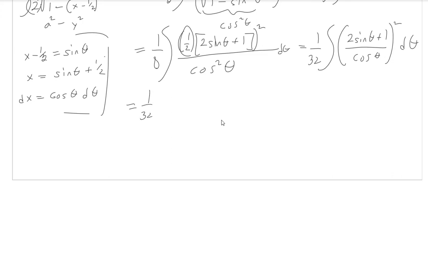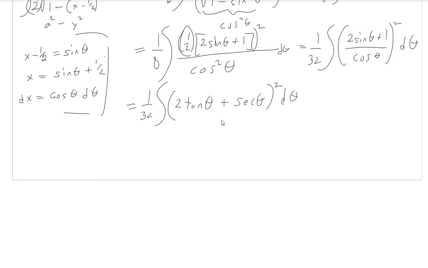So 1/32 integral. Again, these are not always going to be the shortest problems. 2 sine over cosine. Sine over cosine is tangent, so that's just going to be 2 tangent theta. 1 over cosine, that's secant of theta squared, d theta. Probably other ways of approaching that, but that's probably the fastest way that I saw, making it so I don't have fractions anymore. The only fractions are sitting on the outside.